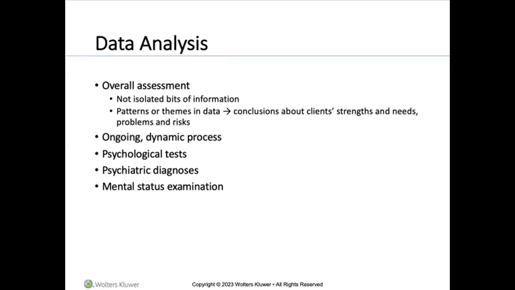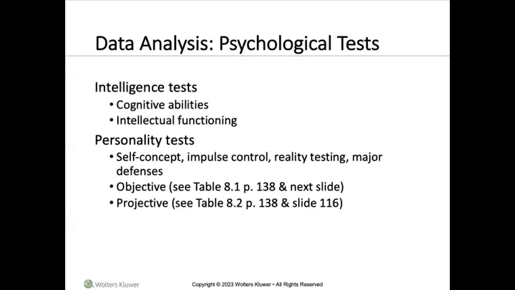Other elements that you can assess and analyze are psychological testing, psychiatric diagnoses, and mental status examinations, which we're going to discuss on the next few slides. For your data analysis of psychological tests, we have different tests we can do. Intelligence tests give you your client's cognitive abilities and intellectual functioning.